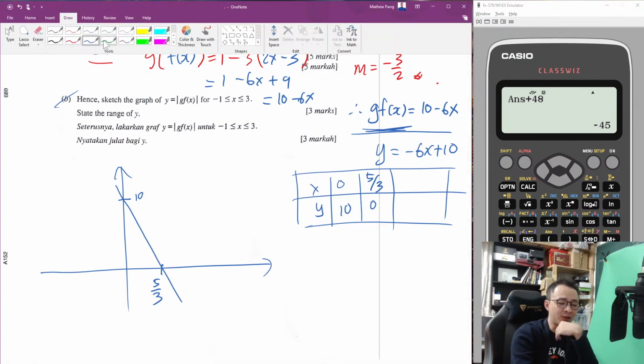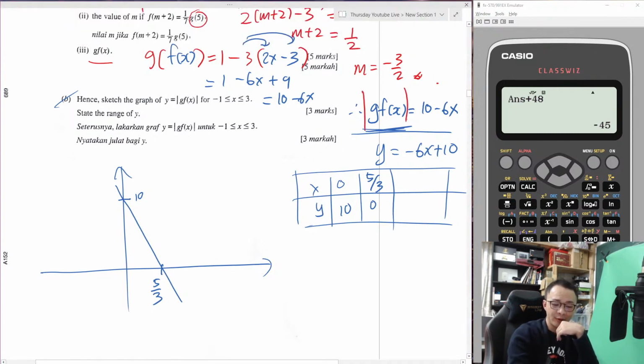What the modulus does is reflect everything below the x-axis to the positive. So you can see this part is below the x-axis, isn't it? So it's going to do a reflection here, something like this. So this one will be my line after modulus.